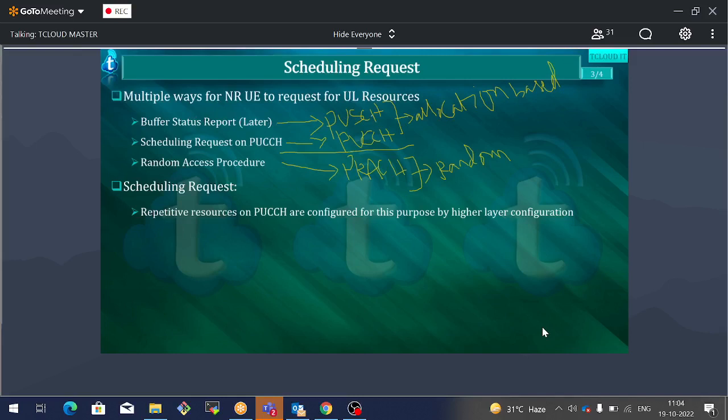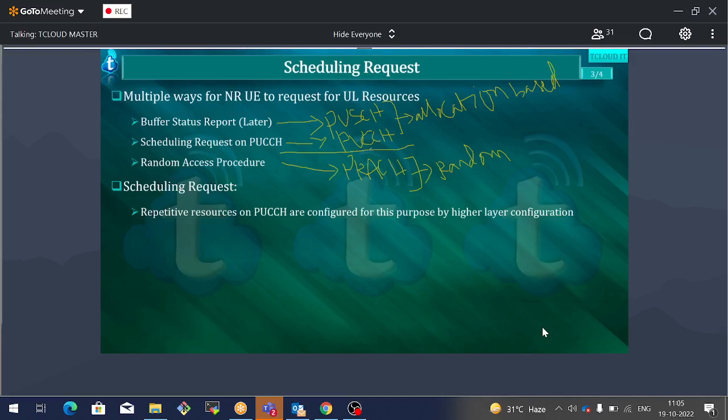By doing that, you can request uplink resources. When you don't have PUSCH resources available and have only PUCCH resources available, because these two are allocation based, you have to request resources using the scheduling request, the 1-bit scheduling request.